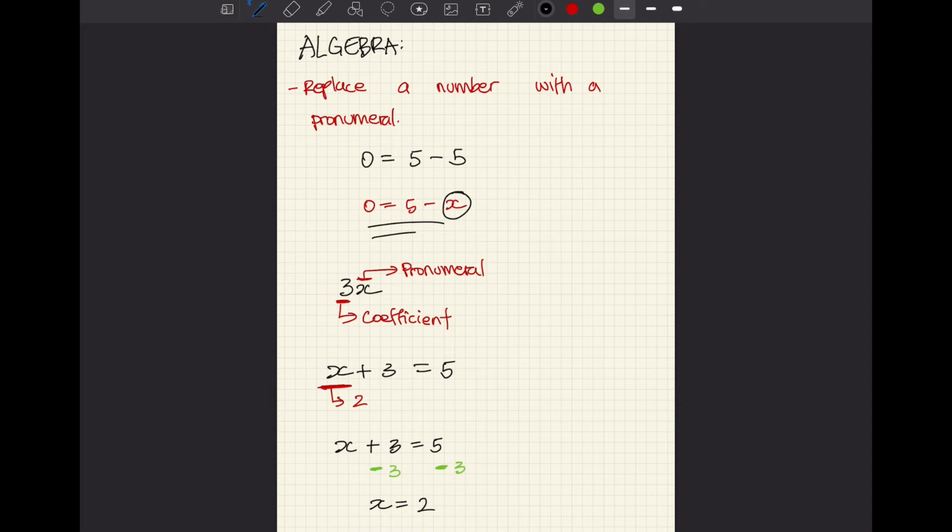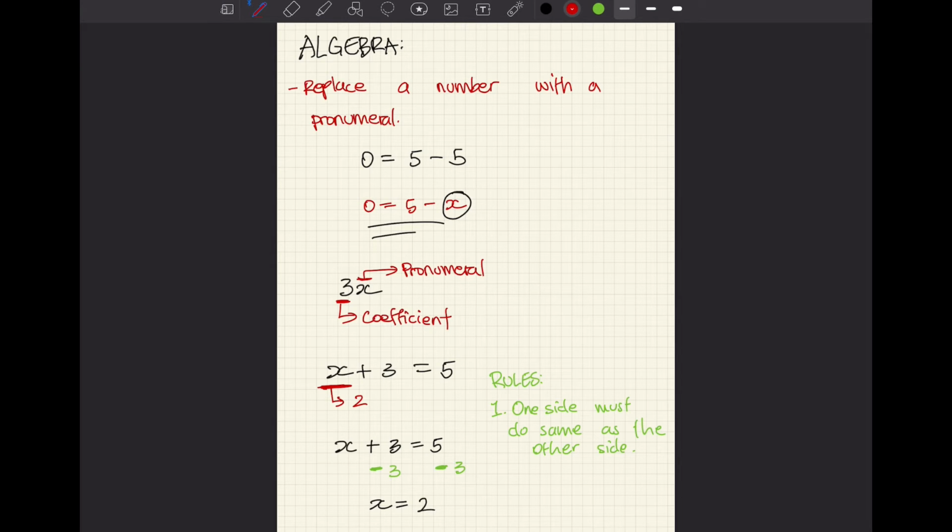Okay, so what are the rules for this? So whatever we do to one side, we do to the other side. So how do we see this?